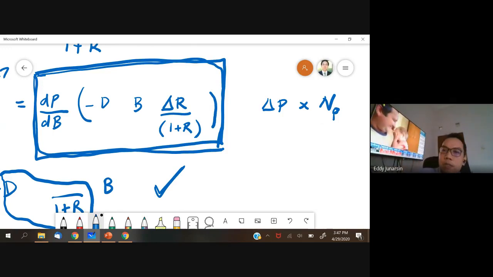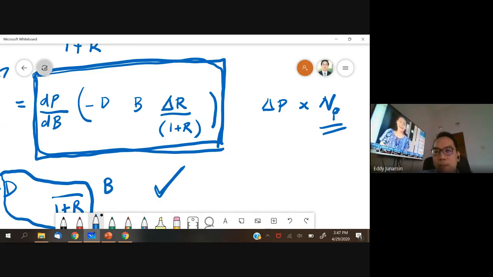So the change in the option value is multiplied by the number of option contracts taken.